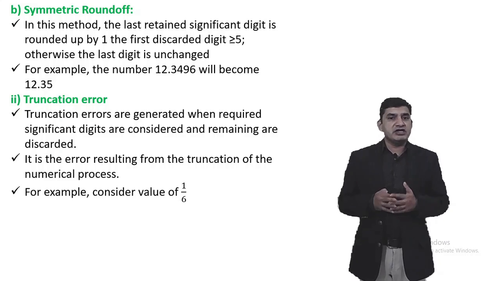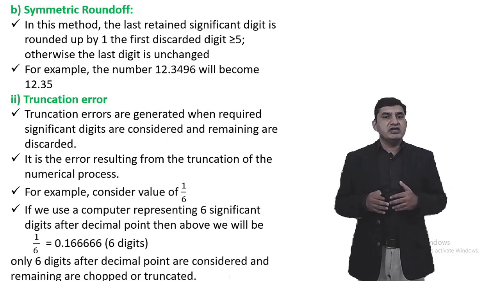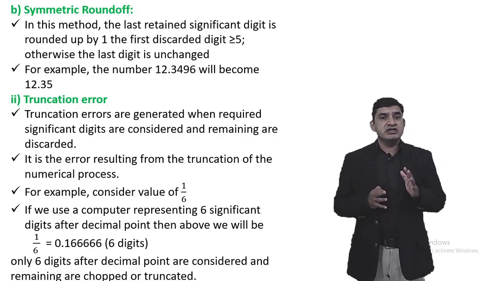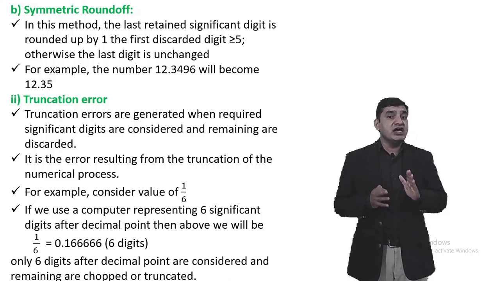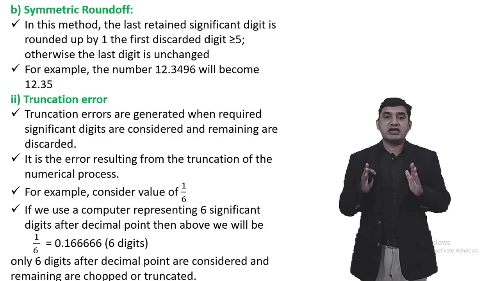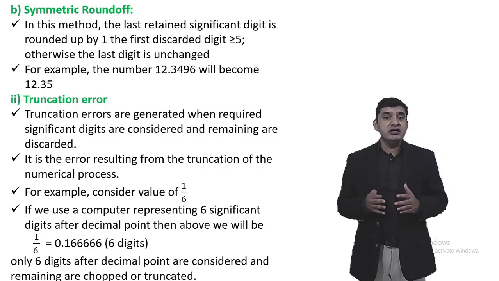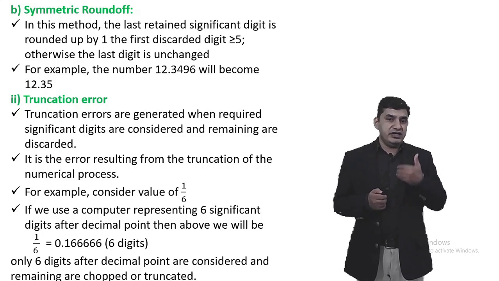For example, consider a value 1 upon 6. The 1 upon 6 can be represented as 0.166666 up to 6 digits. Only 6 digits after the decimal point are considered, and the remaining digits are chopped or truncated.